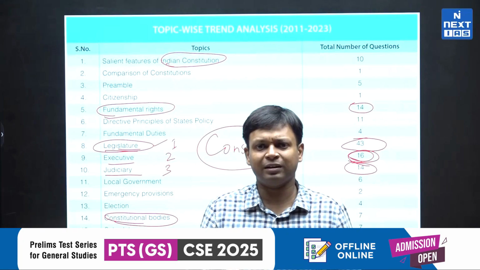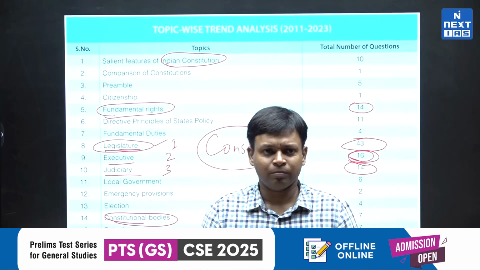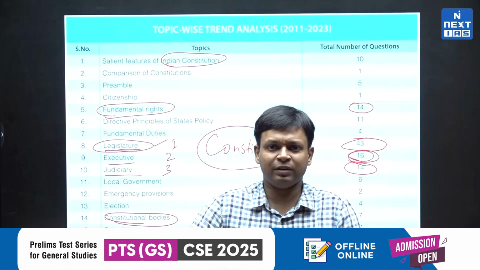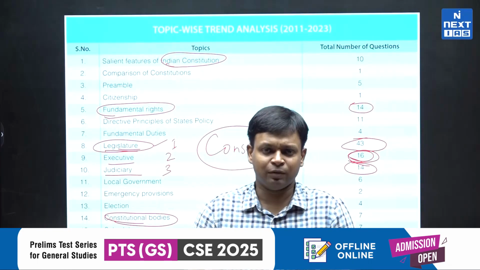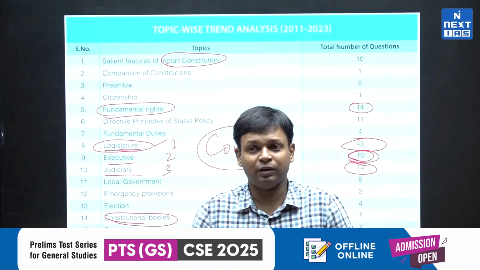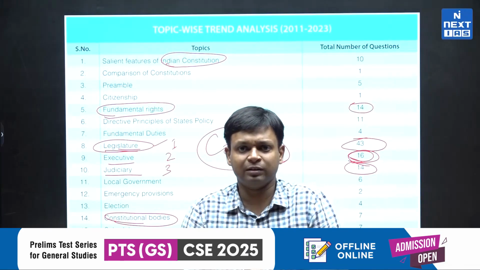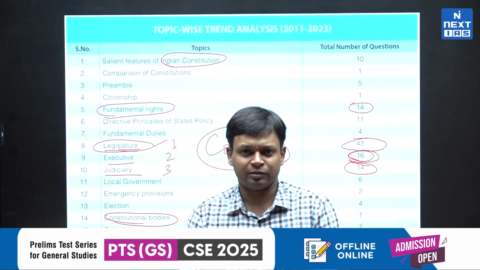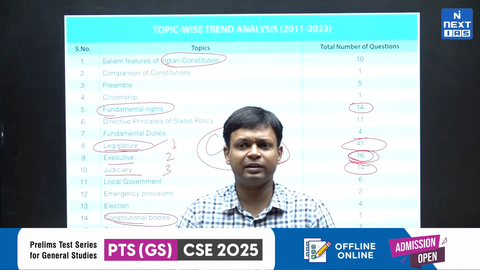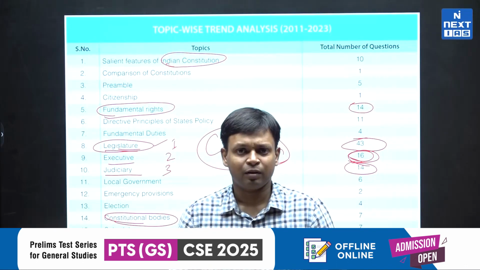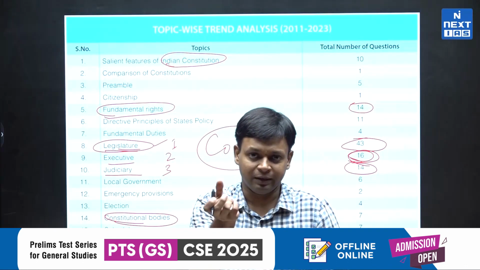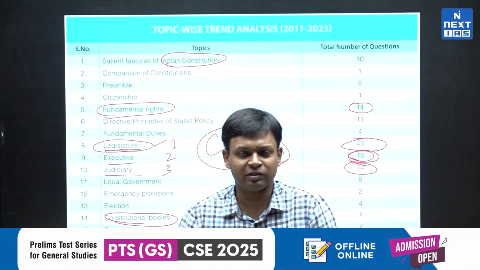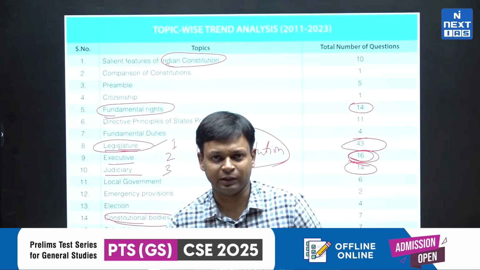Whatever questions are coming from that, questions are coming on features like whether we have federal with unitary features, or we have quasi-federal, or whether we have independent judiciary, or whether we have independent bodies, the nature of the constitution in terms of supremacy of judiciary or supremacy of parliament. So ऐसे topics इस पर क्वेश्चन आते हैं, और मेकिंग ऑफ कॉन्स्टिट्यूशन से भी क्वेश्चंस आते हैं. We are looking at questions coming from Constituent Assembly, the facts about the Constituent Assembly, which committee was headed by which important member of the assembly. So वो कुछ फैक्ट्स उधर से भी पूछते हैं.